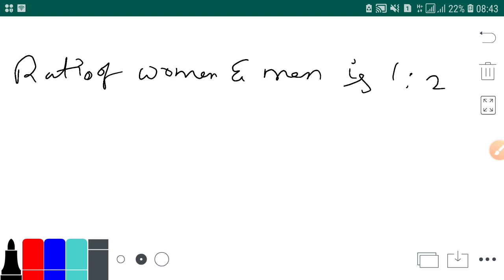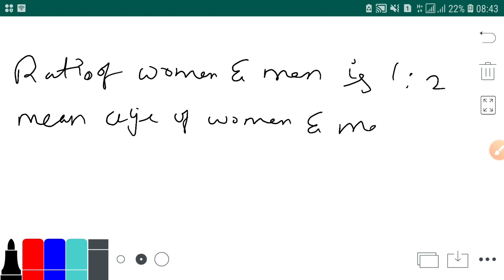Now, mean age of women and men are 34 and 37.